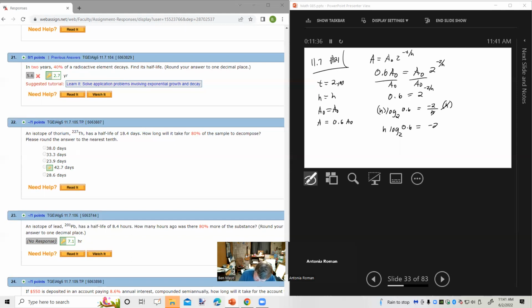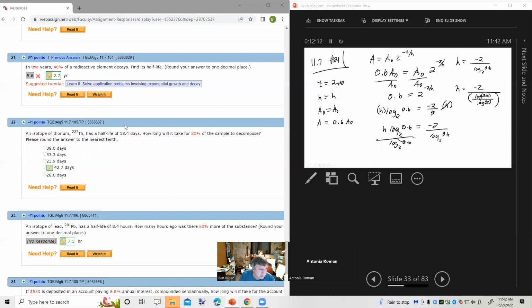But I'm trying to get H by itself, so my next step is to divide both sides by log base 2 of 0.6. So H equals negative 2 over log base 2 of 0.6. But I need to use the change of base formula. So H equals negative 2 divided by the quantity log of 0.6 over log of 2.